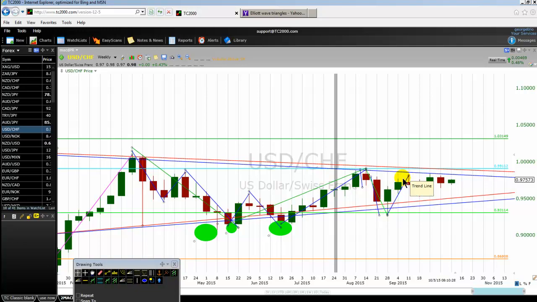If you are having difficulty counting waves, ask your children to do it for you. They will do it. Keep it very simple. So it went up on my weekly chart, and then pulled back, and then hit it here. 1, 2, 3. All right. So it's my D now.